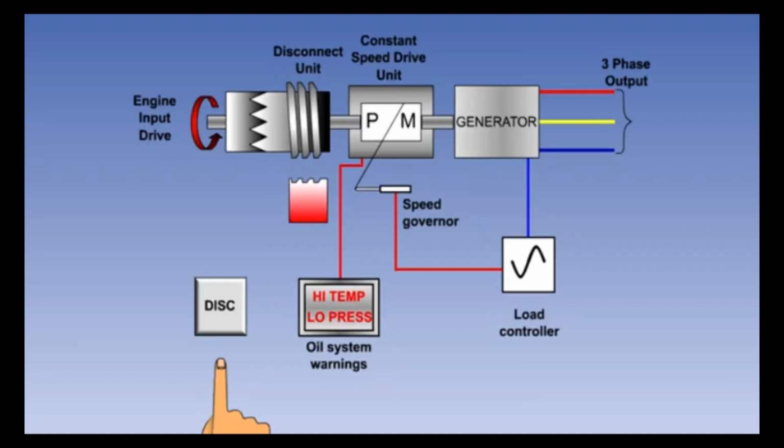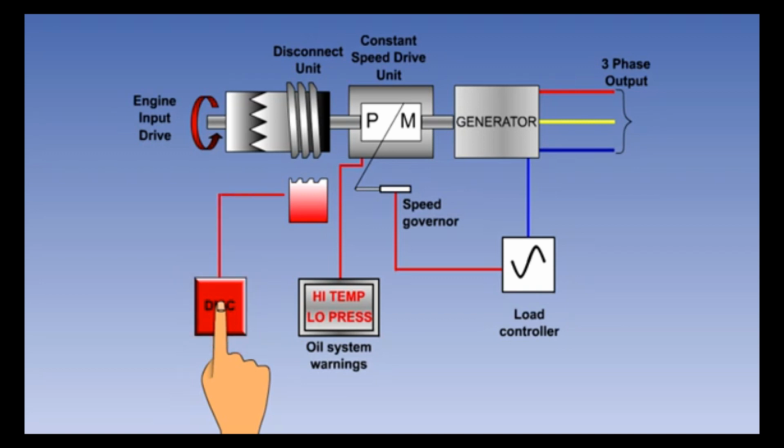In the event of a malfunction in the CSDU or the alternator, the engine input drive to the CSDU can be disconnected. This will allow both the drive unit and the generator to become stationary. Shown here is a simplified diagram of the drive disconnect mechanism. The disconnect unit is operated by the selection of a momentary action drive disconnect switch by a flight crew member.